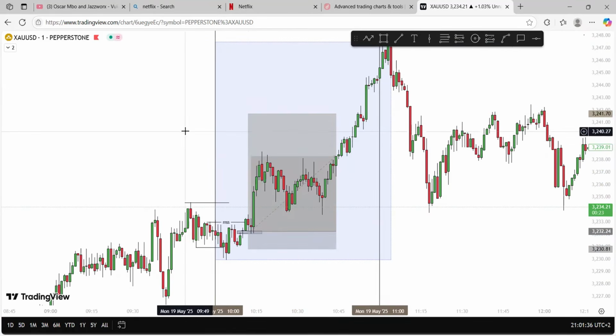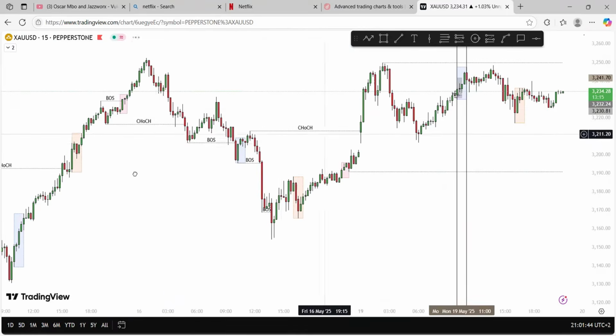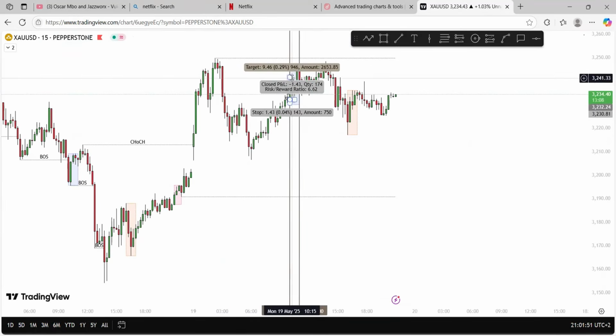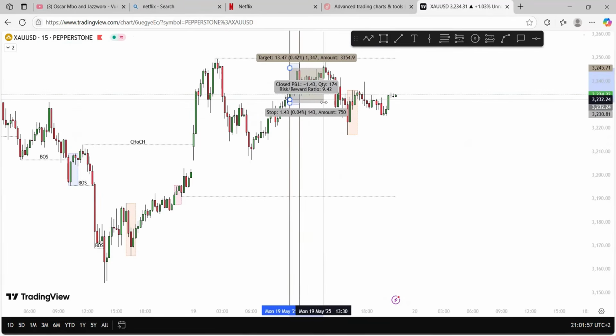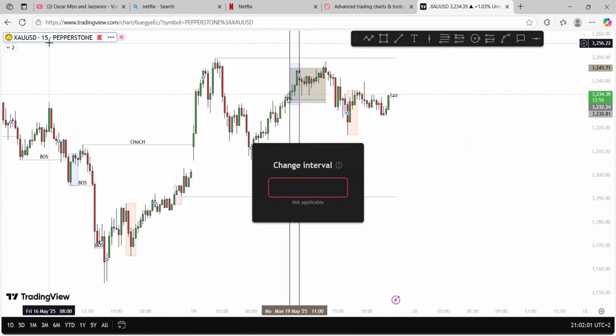Or you can go to the 15 minute or 5 minute time frame to look for your TP. Here we have an order block. This order block could have been your take profit. Let's go back to the 1 minute time frame.